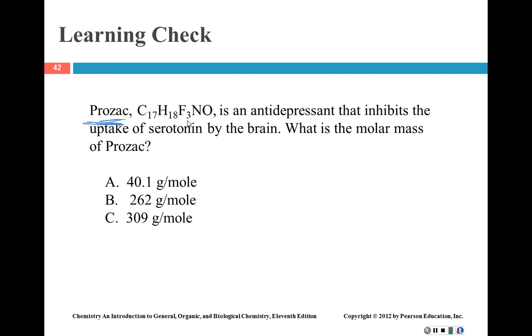C17H18F3NO is an antidepressant that inhibits the uptake of serotonin by the brain. What is the molar mass of Prozac? Well, we've got C, and it doesn't matter how big it is, we've got this. We've got a C and an H and an F and an N and an O. For C, we have 17, and C is number 6, and it's 12.01.